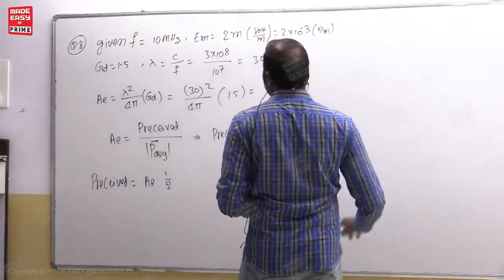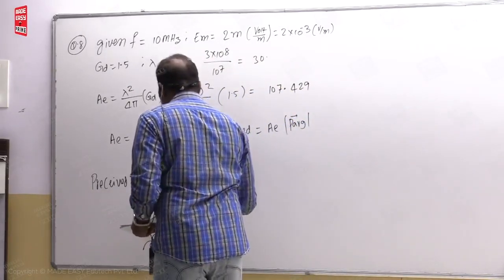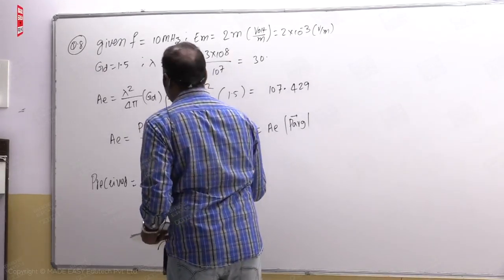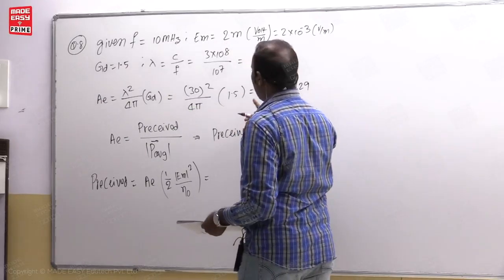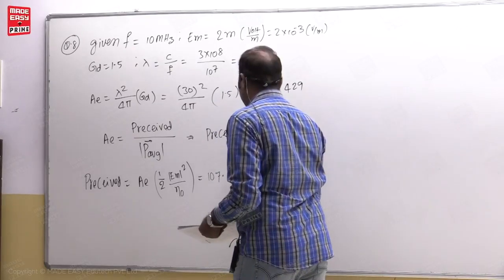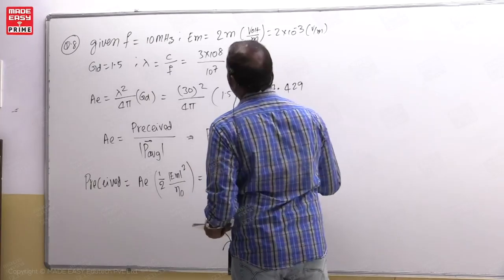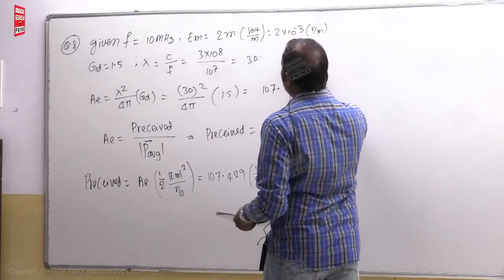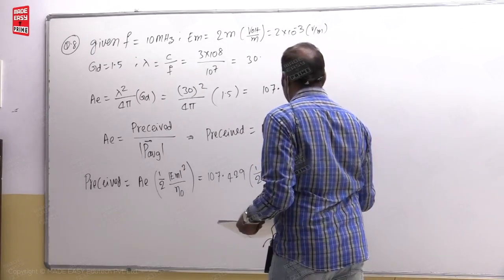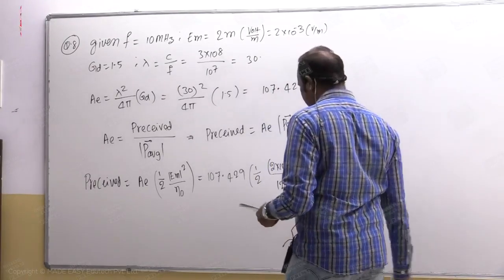Half into electric field maximum square is given, no? What is the average Poynting vector? Half into electric field maximum square by eta naught. So here the area you got is 107.429, then half into EM square, the electric field maximum value is 2 into 10 power minus 3 whole square divided by 120 pi, right dear students?